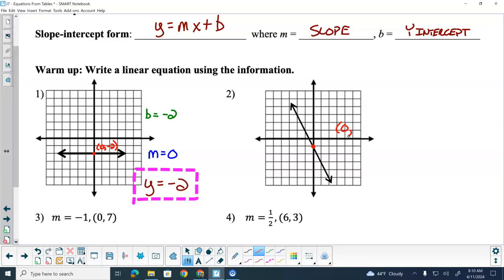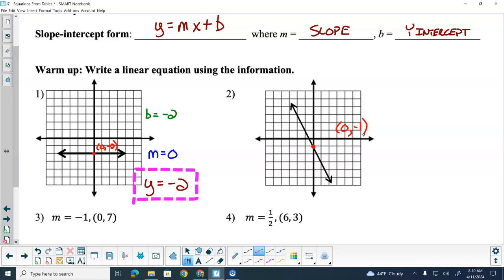Origin, right? How many did I go down from the origin? 1. So it'd be 0, comma negative 1. If I only go down 1, you know what I mean?